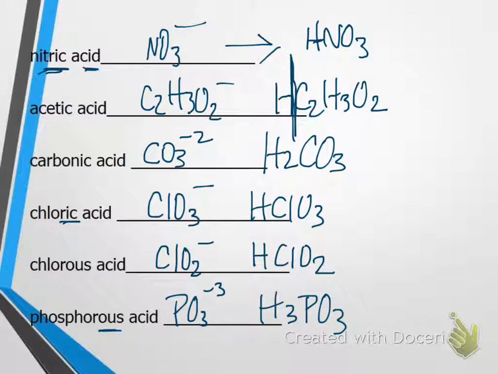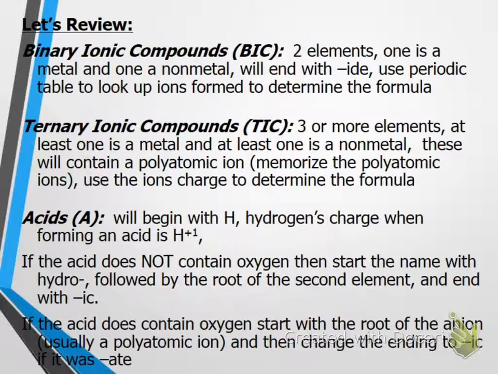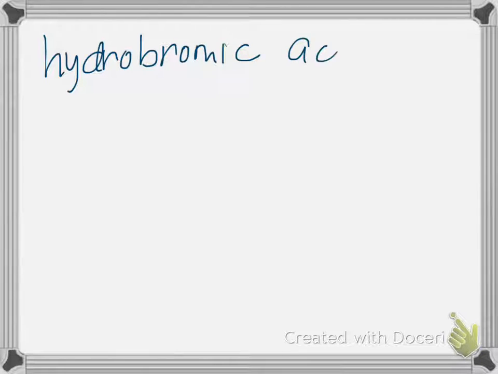Now, I didn't really practice the hydrochloric acid and all that, but let's do a couple of those, just because those are actually the hardest ones to name because of the us to ite and ate to ick. So I'm going to add an extra page in here. If I said write the formula for hydrobromic acid, how would I write that?